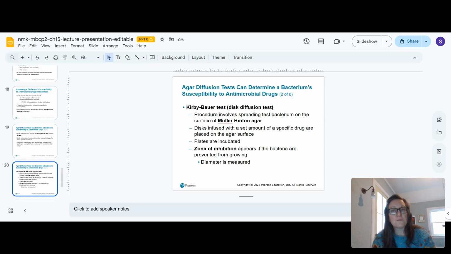So this involves spreading test bacterium on the surface of an agar petri dish. Okay, this agar is infused with certain nutrients for bacteria to grow. We're not trying to limit any bacterial growth on the agar itself.